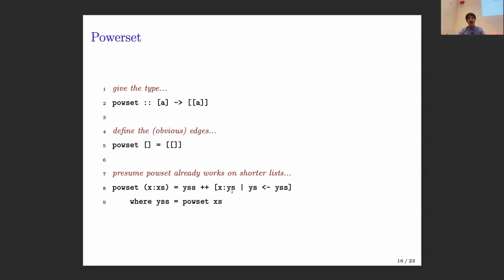Now, you have to do the same backwards working here. The power set of the singleton element is what? Well, this one you sort of have to work out mathematically. If you have a collection of elements, the way you can construct the power set is by including or excluding each element in turn.